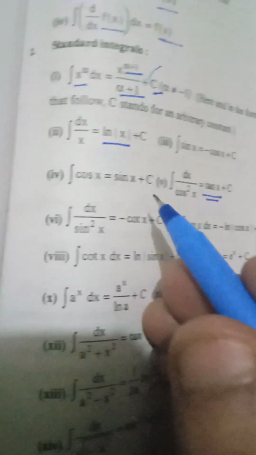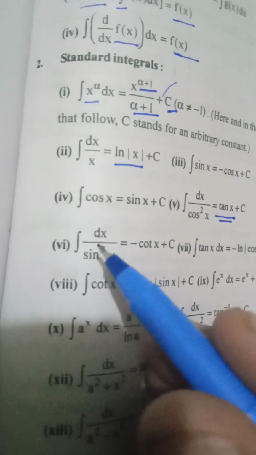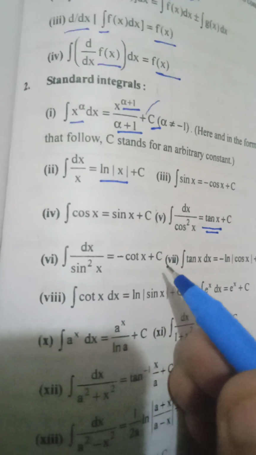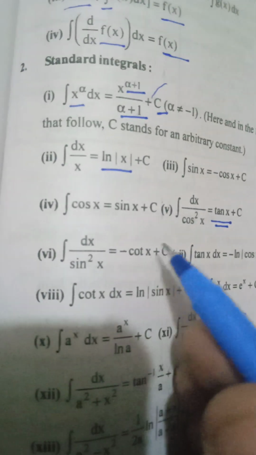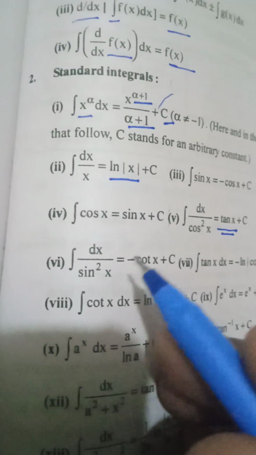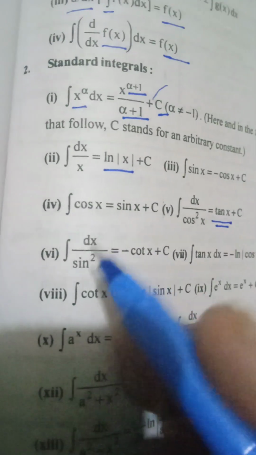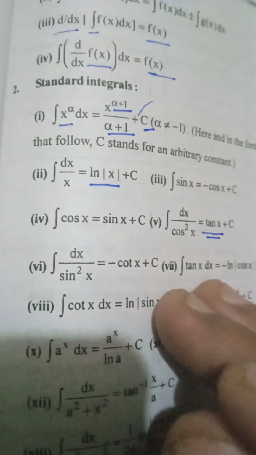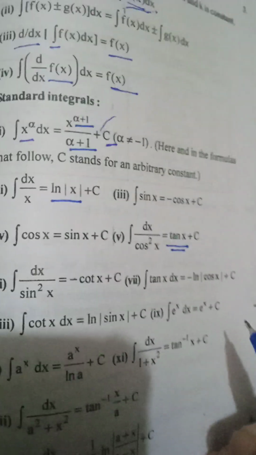Similarly, for another trigonometric function, 1 by sin square x, that is cosec square x, the integral is minus cot x plus c. When you know the derivative of the respective function, you can easily calculate the integration. If the derivative of the function exists, then there is always an integration of that function, because derivative and integration are inverse processes of each other.